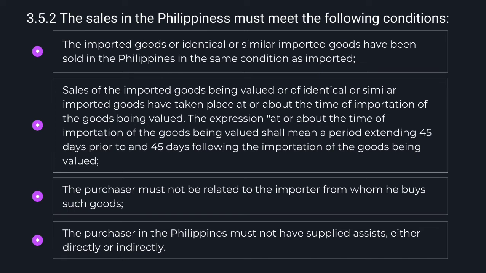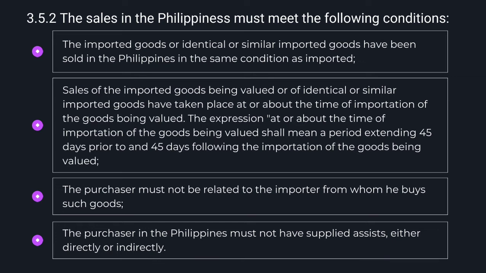Next, sales of the imported items being evaluated, or identical or comparable imported products, occurred at or near the time the goods being valued were imported. At or near the time of importation refers to the 45-day period preceding and following the importation of the goods being valued.